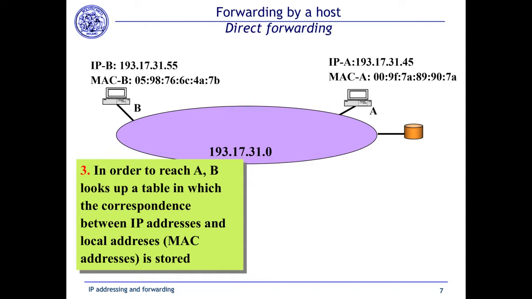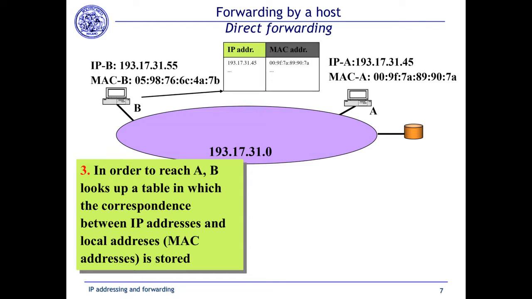Where to retrieve this information? Inside B there is another table which is called the MAC table, or the ARP table. This table contains two columns. In one column there is a set of IP addresses, and in the other column you find the corresponding MAC address of each IP address.